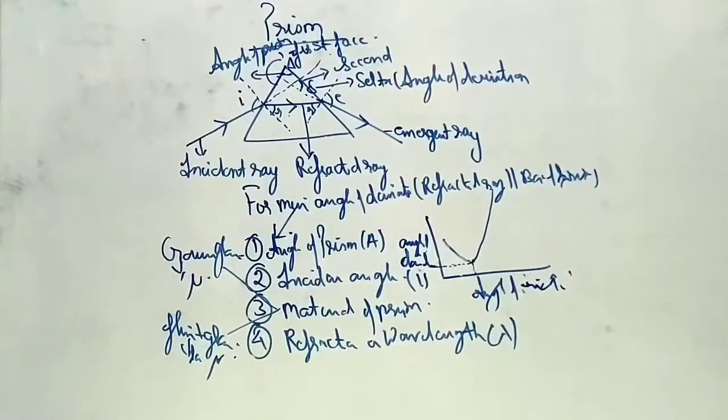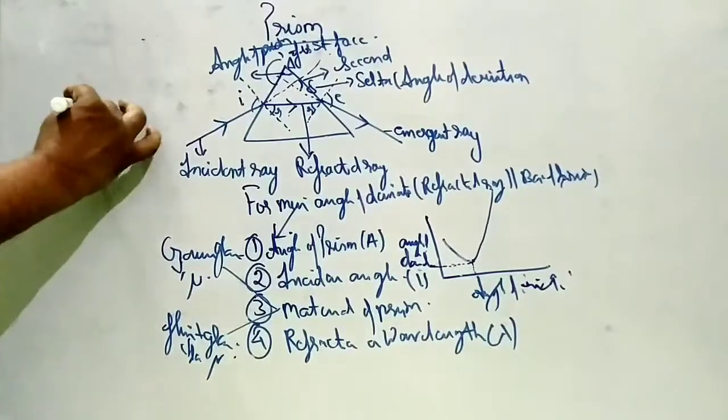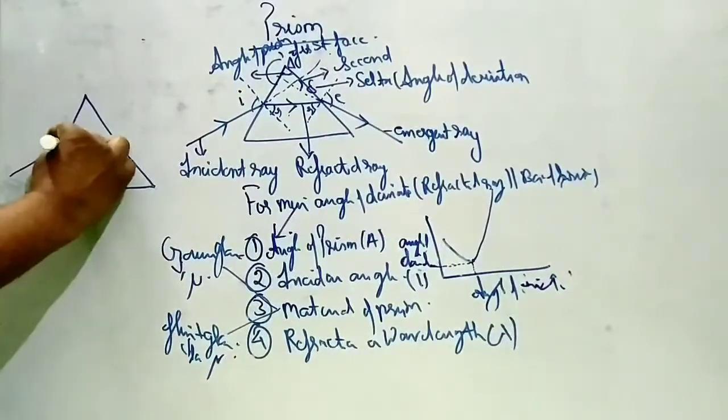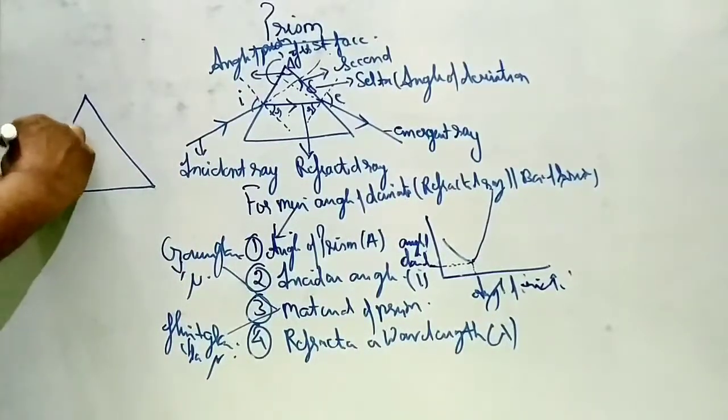Is this clear? Now, when white light, the incident ray, strikes the first face of the prism, because it contains 7 colors, it disperses into 7 constituent colors. This is white light.